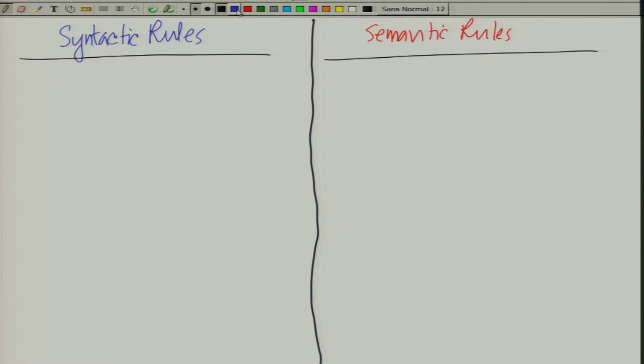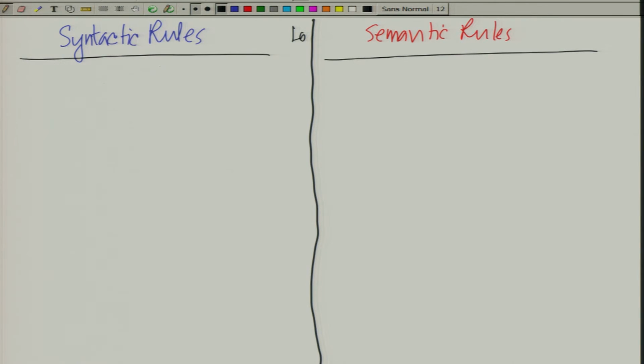Montague's idea is whenever we have a syntactic rule here, we have a corresponding semantic rule there. For example, in the first language, not in the model, our language is going to be L0, which is a formal language, an artificial language.